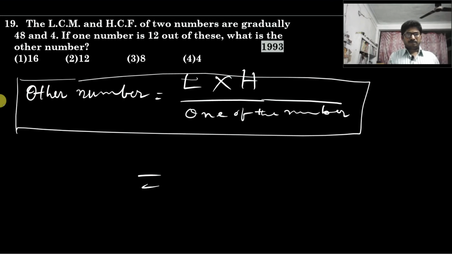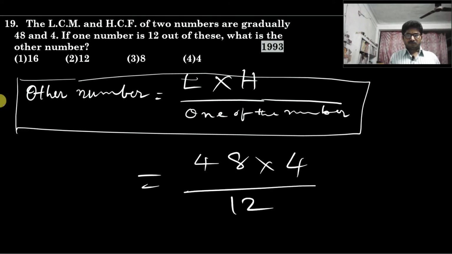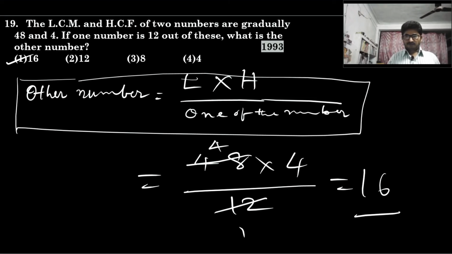LCM 48, HCF 4, given number 12. 12 fours are 48, 4 fours are 16. So option 1 is correct.